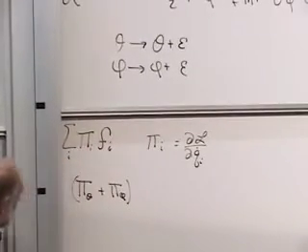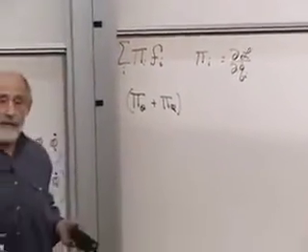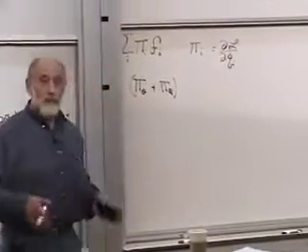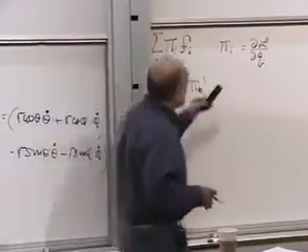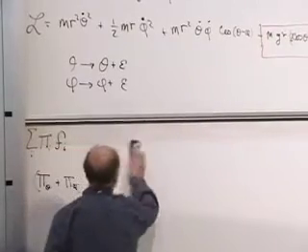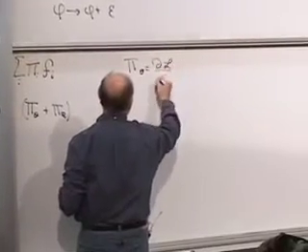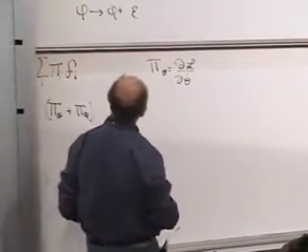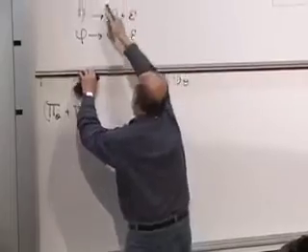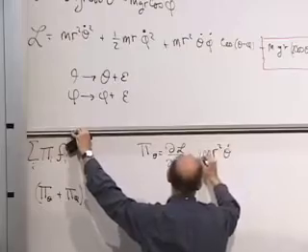But now we have to calculate what pi sub theta and pi sub phi are. You might expect that pi theta is just related to theta dot. And you might expect that pi phi is just related to phi dot. But it's more complicated because of this mixed term here. So let's calculate them. Pi sub theta is equal to the derivative of the Lagrangian with respect to theta dot. All right, what is that? Here's theta dot over here, m r squared theta dot and a factor of 2.